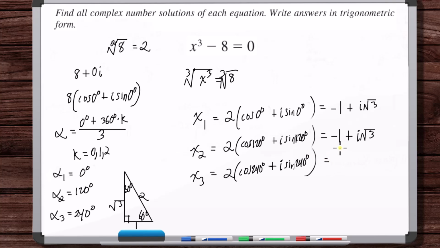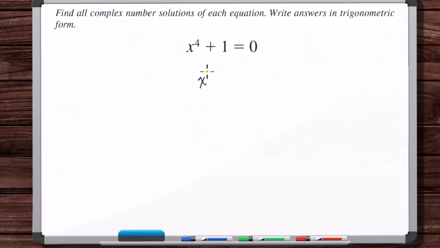And then this is, so 2, yeah, just 2. 2 plus 0 I, and then 240, you're in the third quadrant, reference angle 60. So that's going to be the cosine of 60 in the third quadrant. You've got minus 1 over 2, and then sine 60 is going to be minus root 3 over 2. Oh, but you multiply by 2, so minus 1 minus root 3I, or I root 3. There we go.